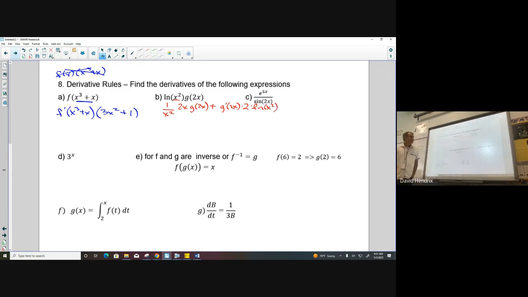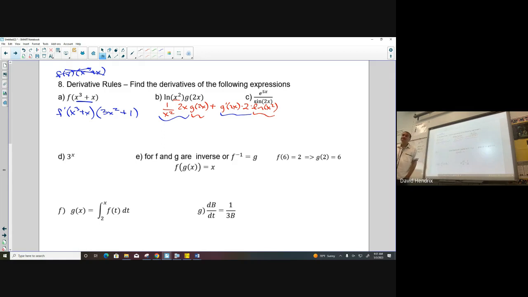And so this question, it's kind of tough, because you've got your derivative of your first times your second plus the derivative of the second times the first. So you have your product rule right there. But in each one of those derivatives, you had to do the chain rule. Okay, so you have to make sure you're aware of those inside functions.